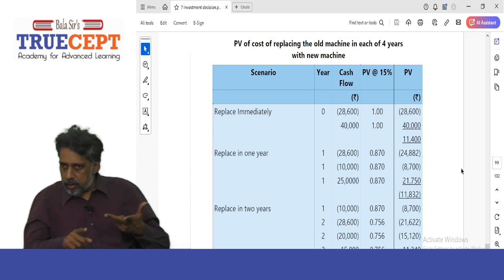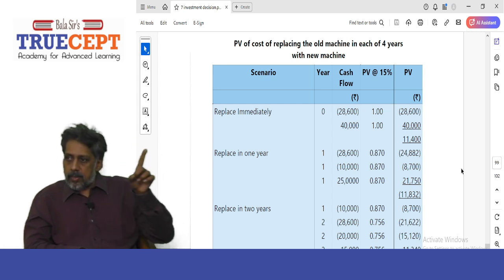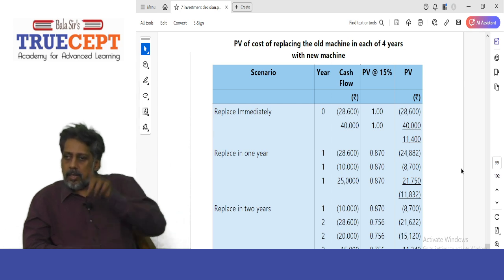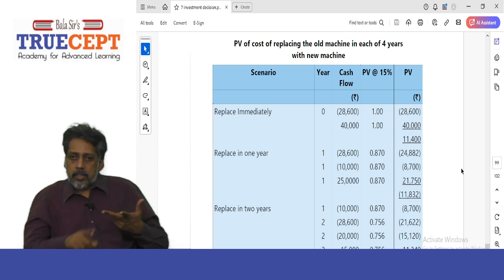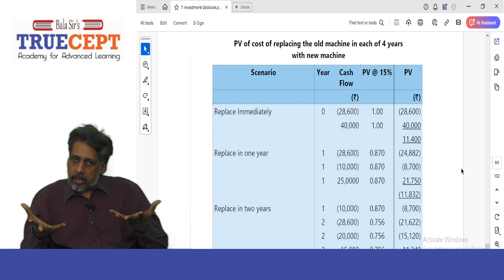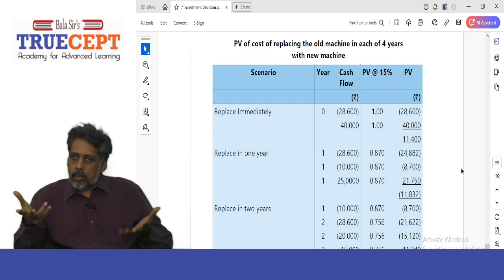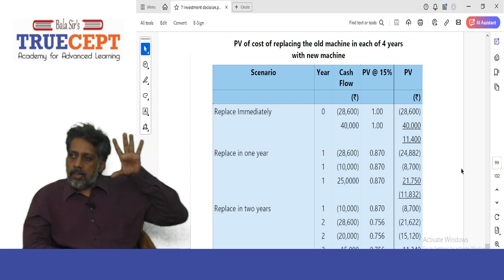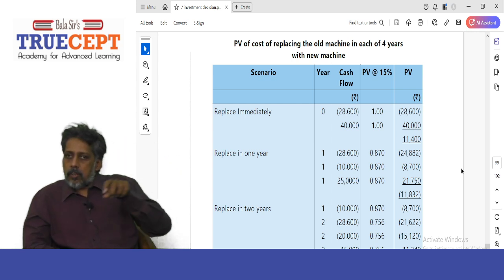It's going to be 0. Is that fine? Yes, sir. In case you decide to replace the existing machine immediately, the maintenance cost on the existing machine is going to be 0. And what is the cash inflow from selling the old machine? 40,000 inflow.